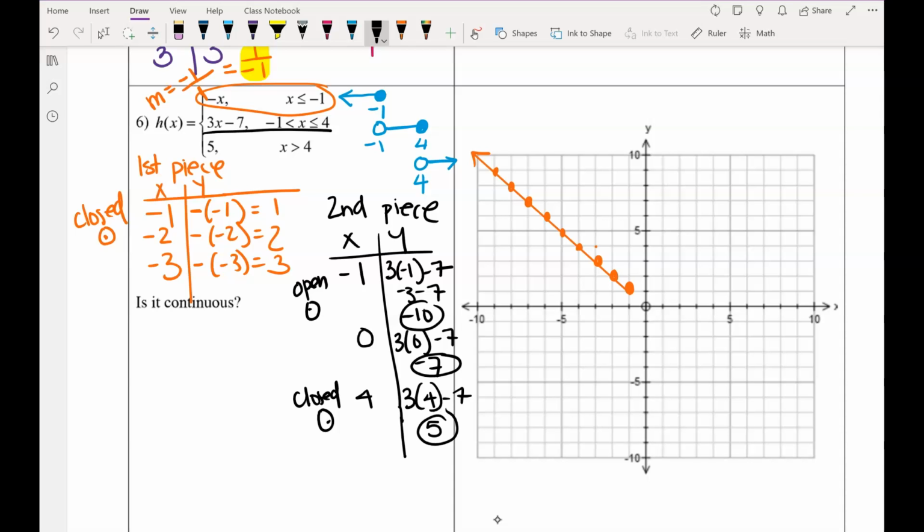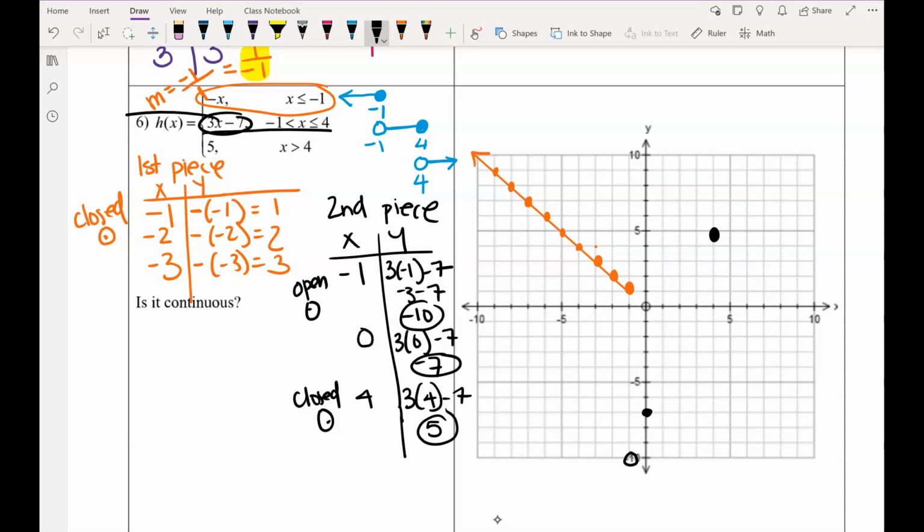Let's plug those in. -1, down all the way to -10, open circle. 0 is now -7. And then my last dot is going to be 4, 5. Okay, that's a closed dot. Now, that seems like a really big gap from the second to the third dot. Okay, well, let's use our slope to check.